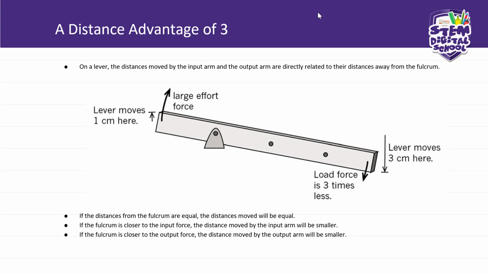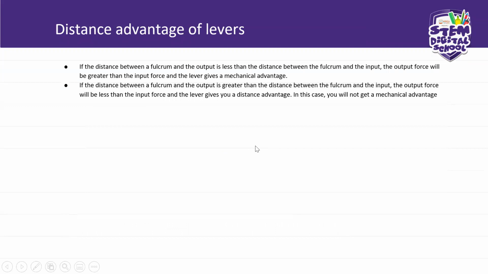The input distance will be shorter because the input is the one which is closer to the fulcrum. Distance advantage of 3. Why do we have a distance advantage of 3 here? Because the output is further away from the fulcrum.